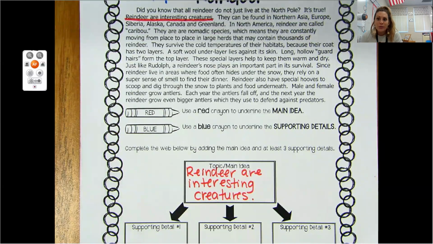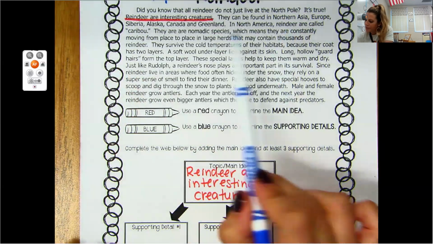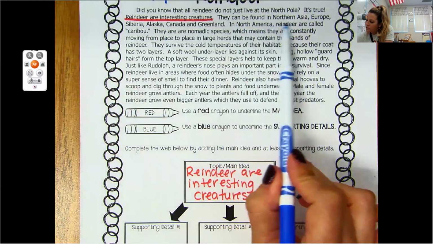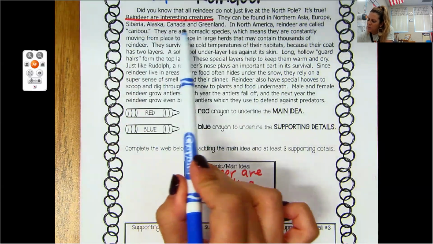All right, if you are listening to this, that means you have taken a few minutes and you have some blue underline sentences in your passage. All right, so what are some ways that make a reindeer interesting? Okay, well, let's see. They can be found in Northern Asia and Europe. So that talks about where they live.